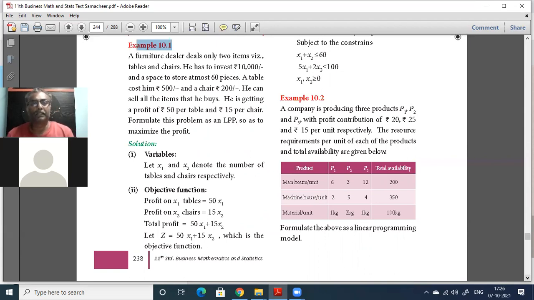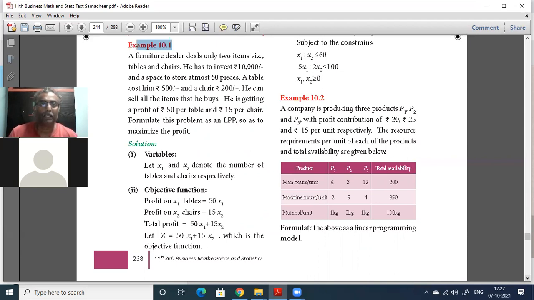First example: a furniture dealer. That means table, chair, glass, bureaus, stools, rocking chairs, all of that. But this furniture dealer deals with only two items, only one type of table and one type of chair.